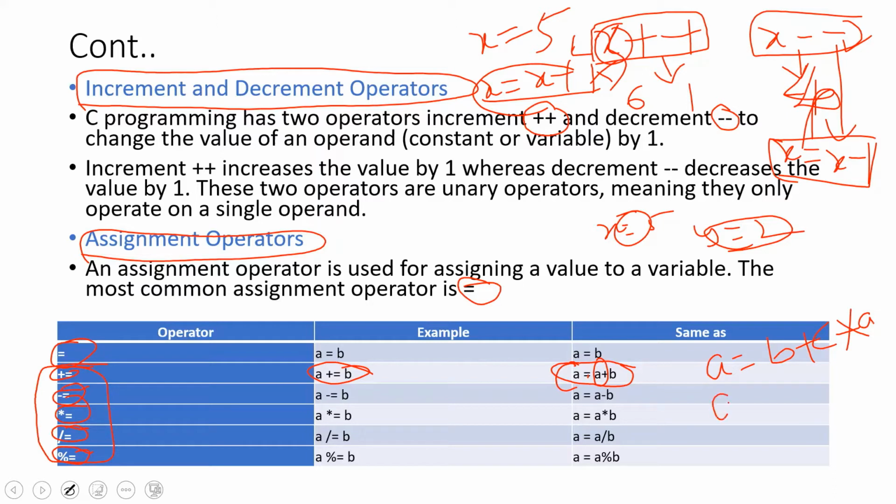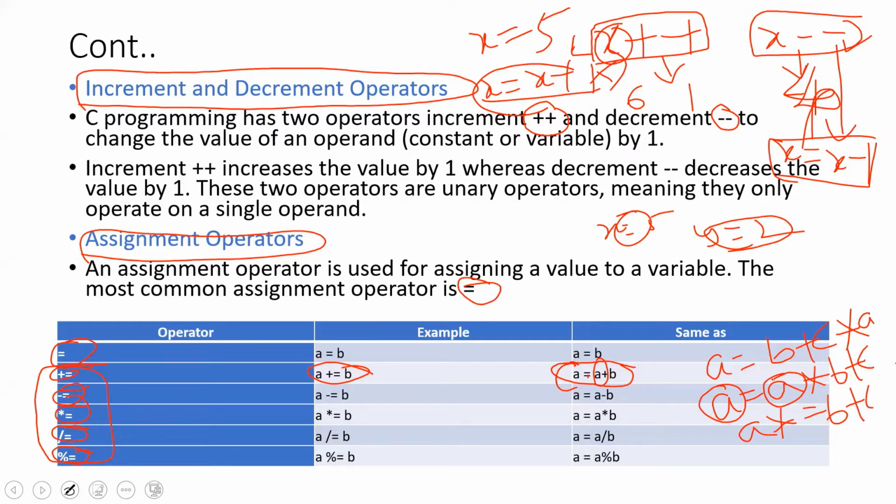If you have a = a * (b + c), then you can use the star equal to operator, like a *= b + c. If you find the same variable on the left hand side and right hand side of an arithmetic expression, then you can shorthand these expressions.